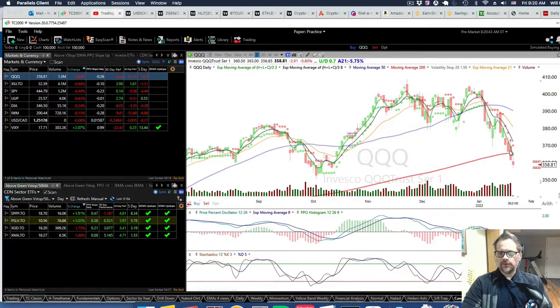You can wait to see if it's going to find support at that point. If you're buying inverse ETFs, this is a point where you might sell and wait, because it'll break down and go back up, or come back up here, bounce off the 200 and go back down again. So it's like another leg down.